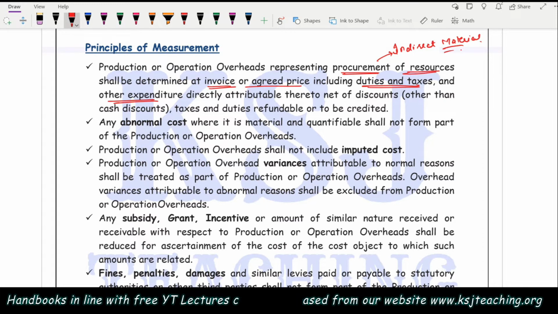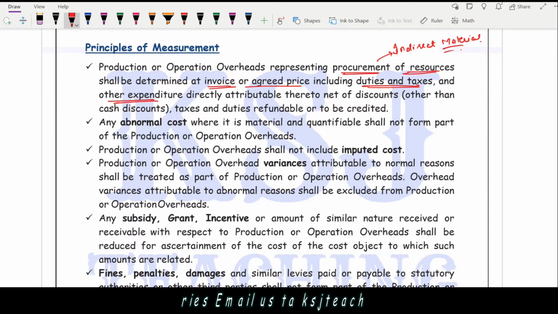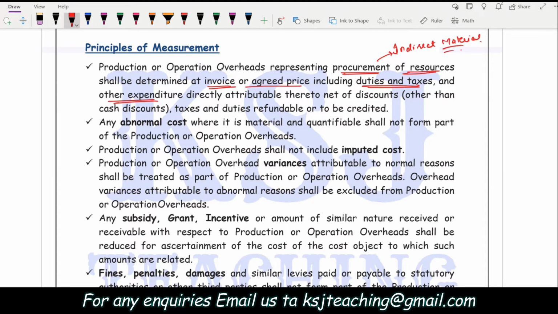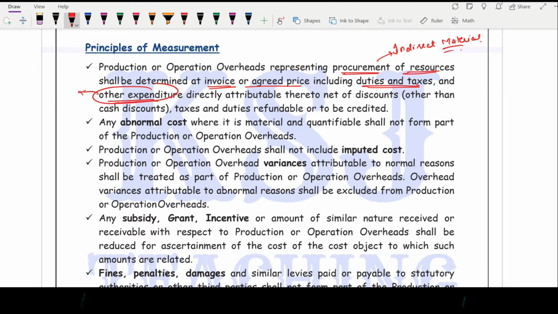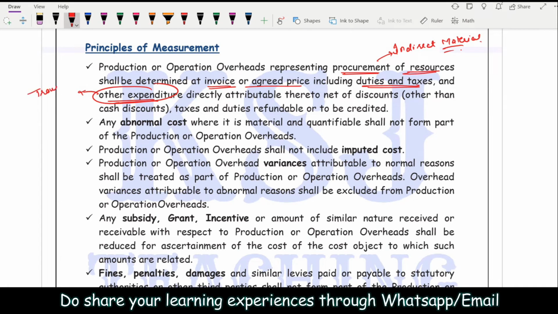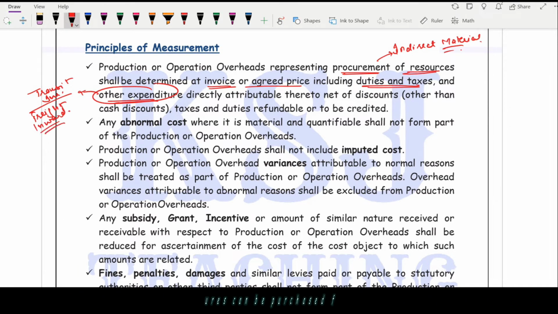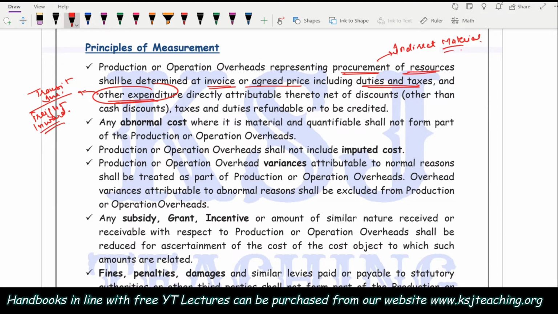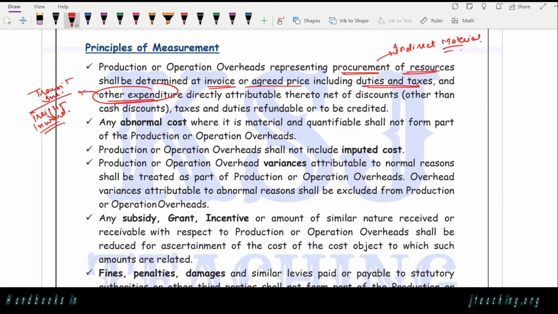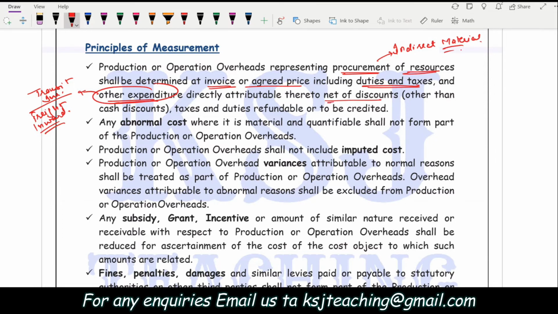What type of expenditure can that be? It can be transit insurance, it can be freight inward, right? If you are procuring the material, directly attributable thereto, net of discounts.